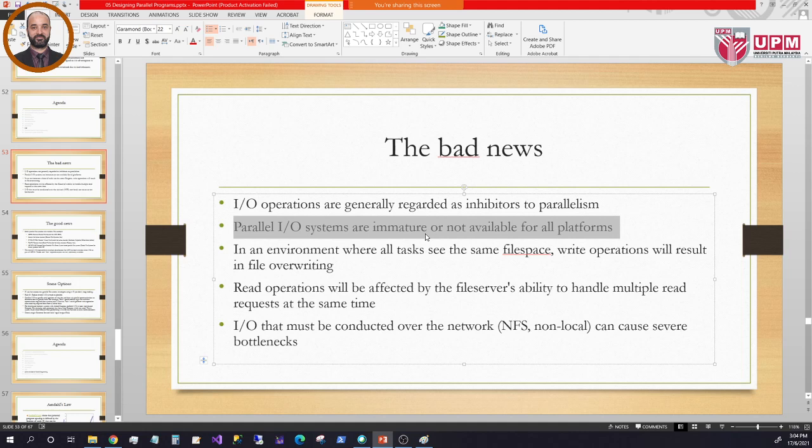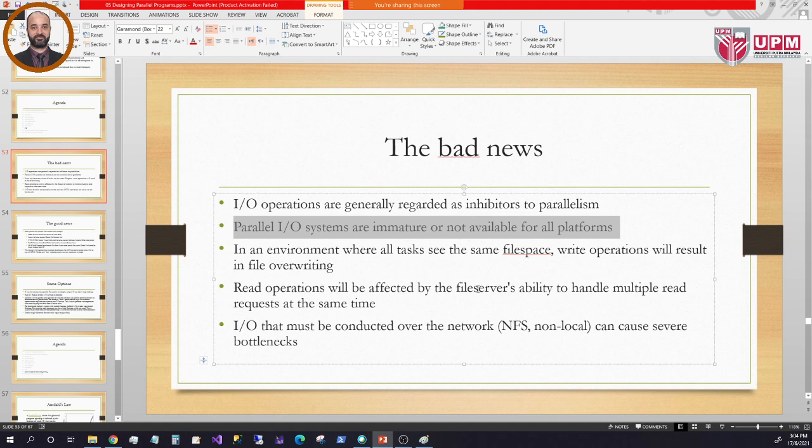I think this is a very good example for you guys to understand. Sometimes you run a program that relies very highly on the hard disk because it reads and writes a lot of data. Then the program is very slow. You try to make it parallel. Coarse grain doesn't work, still slow. Fine grain is still slow as before, maybe a little bit of improvement, and you ask, why doesn't this parallel programming work?